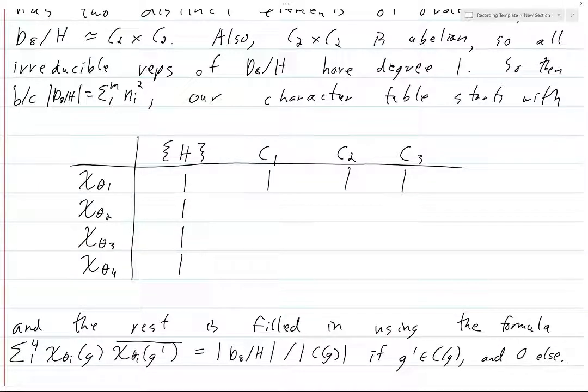So now what does that mean? This basically means that the columns are orthogonal, and if you take the dot product of any 2 columns, it's going to be 0. And if you take the dot product of a column with itself, it's going to be the order of the group divided by the number of elements in that conjugacy class. But we know that each conjugacy class has just 1 element, and D8 mod H has order 4.